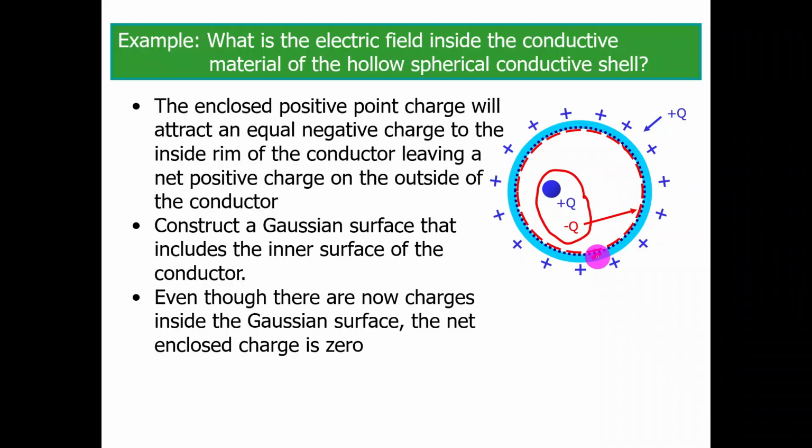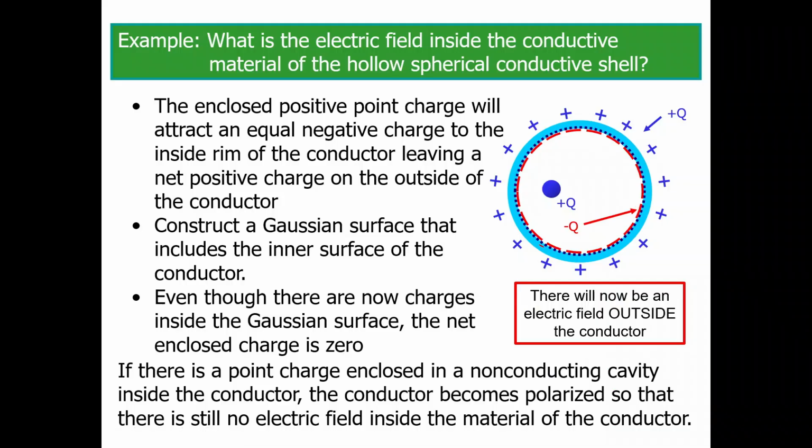So the electric field inside the conductor, and I could put that guy here too, I could put that Gaussian surface anywhere inside that blue material and my electric field is still going to add up to 0. So our rule that the electric field inside of a conductor is equal to 0 is true in all cases.